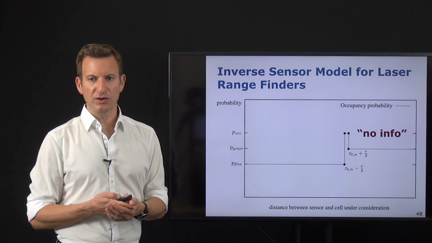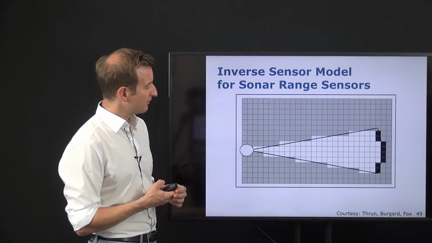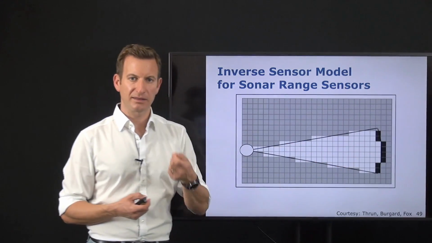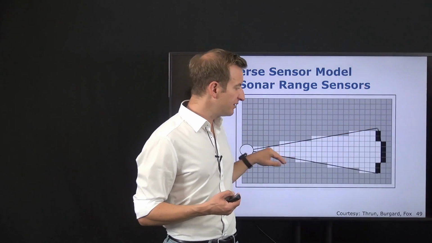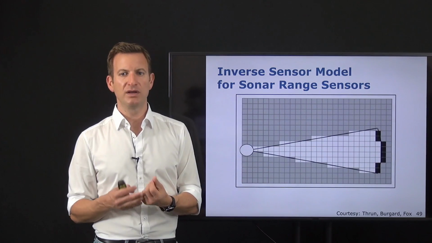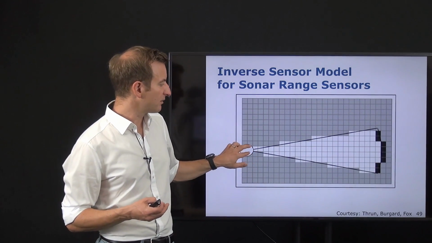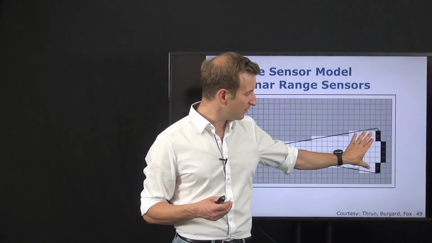If we go for a sonar sensor, the situation changes a little bit. For an inverse sensor model of a sonar, I don't have just one ray, like the laser ray. I actually have a cone of the sonar signal that is emitted. And then some object in this cone leads to a reflection. So the inverse sensor model for a sonar may look like this. It's basically this cone structure which goes up and opens up in here.